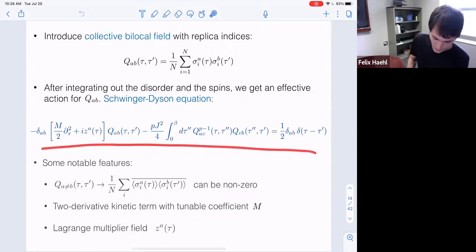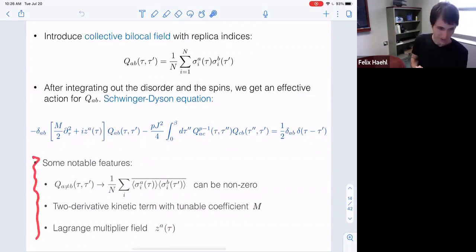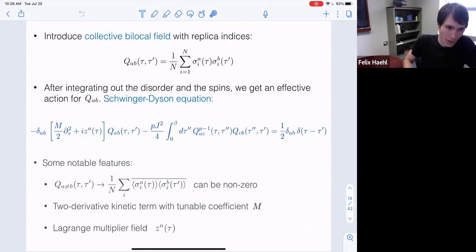And it takes this form. So maybe I should note some features of this for those of you who are more familiar with the SYK model. Note that the off-diagonal components of this two-point function can now actually be non-zero. And that's because of the bosonic nature of this model. In SYK, these would have been fermions and these one-point functions would vanish.